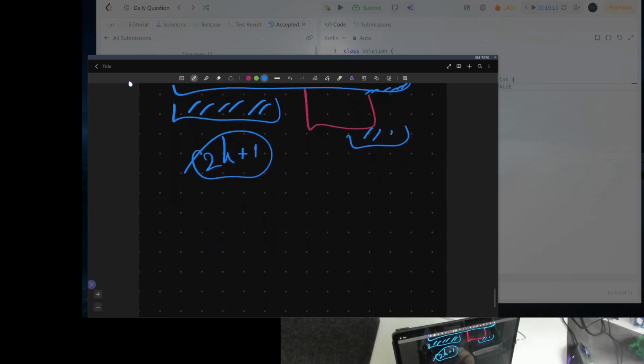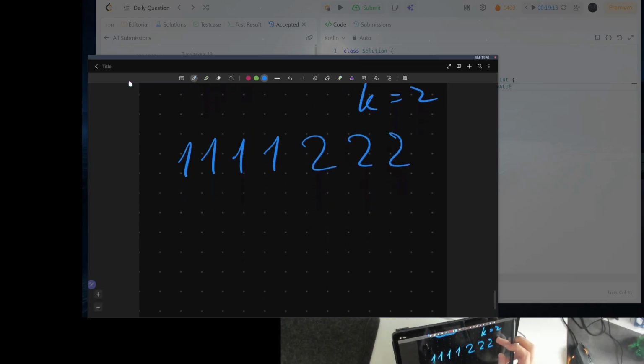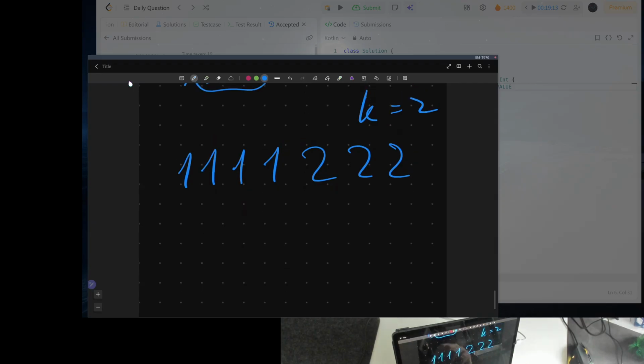But what if we have some tricky case where we have, for example, 4 ones and 3 twos, and k is 2. The simple strategy to take just 2k plus 1 doesn't work here because they actually intersect with each other.